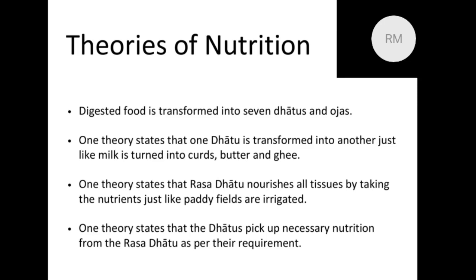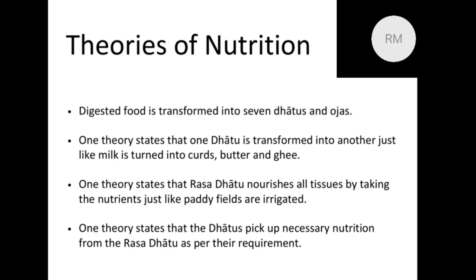So we were talking about the theories of nutrition and how different dhatus are formed and nourished. And there were three major theories. The theory of complete transformation, the theory of passive transport.